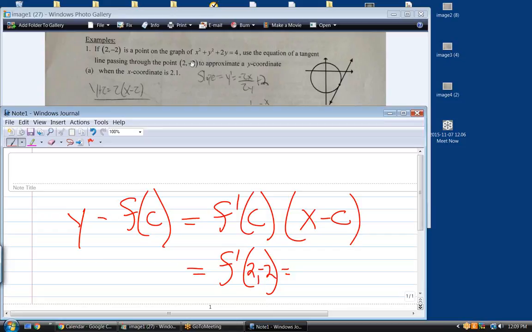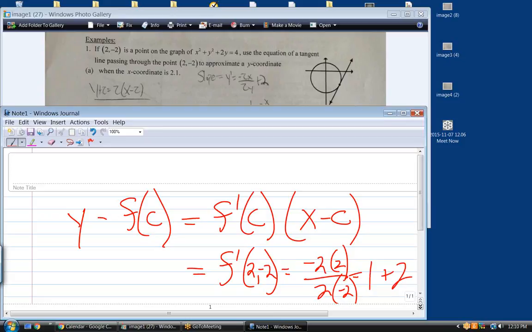Well, when x is 2, y is minus 2. So f prime would be minus 2 times 2 all over 2 times minus 2. That's equal to 1 plus 2. So the slope at that point is 3.